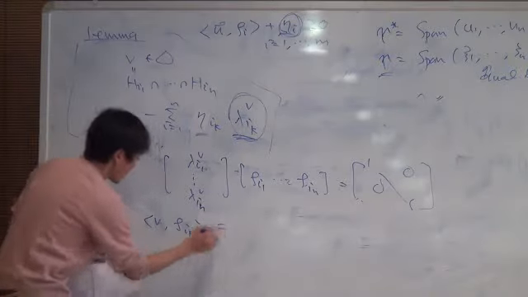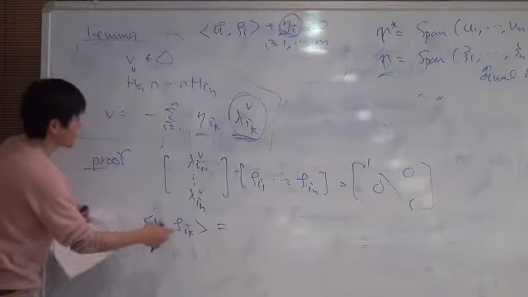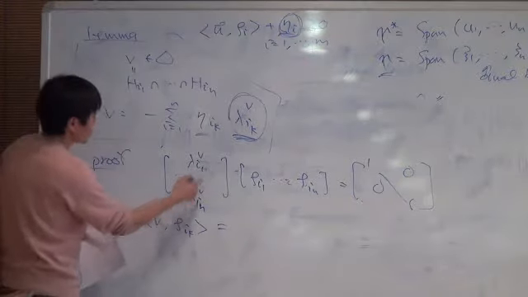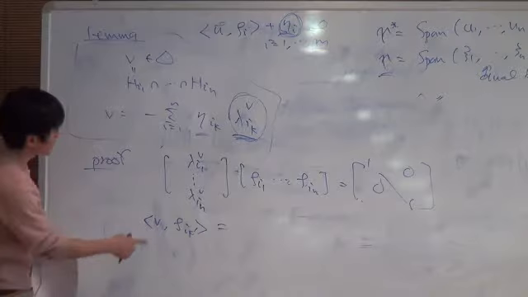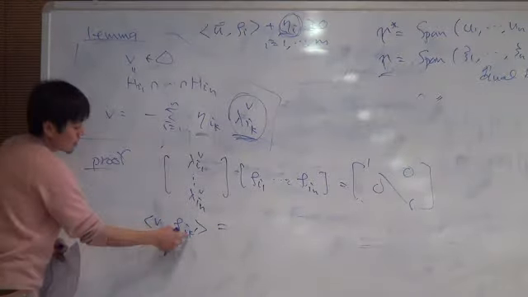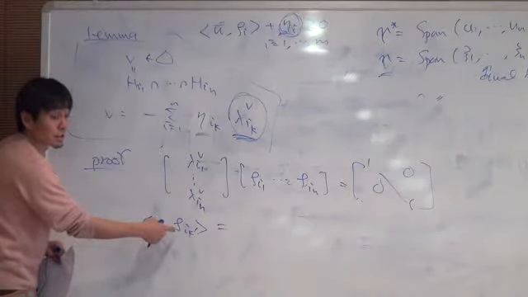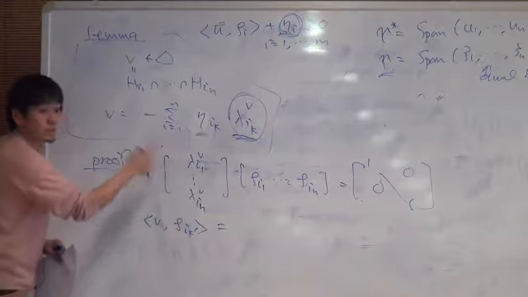V of rho IK is going to be, maybe I'll put the K prime, right? You're taking the inner product of this and this. When K and K prime don't agree, the inner product equals 0, but if they agree, it's 1.